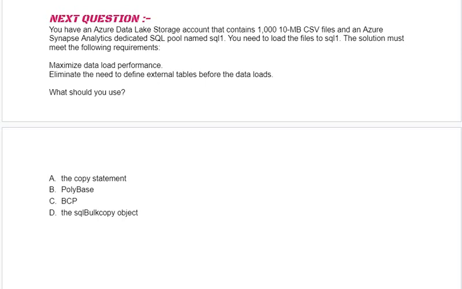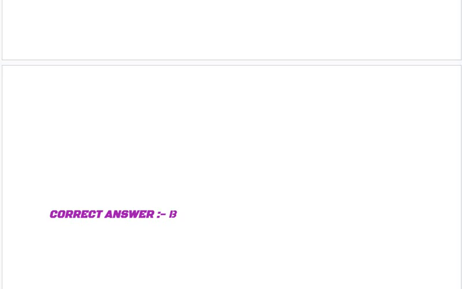The solution must meet the following requirements: maximize data load performance, eliminate the need to define external tables before the data loads. What should you use? Option A, the copy statement. Option B, polybase. Option C, BCP. Option D, the SQL bulk copy object. Correct answer is option B.